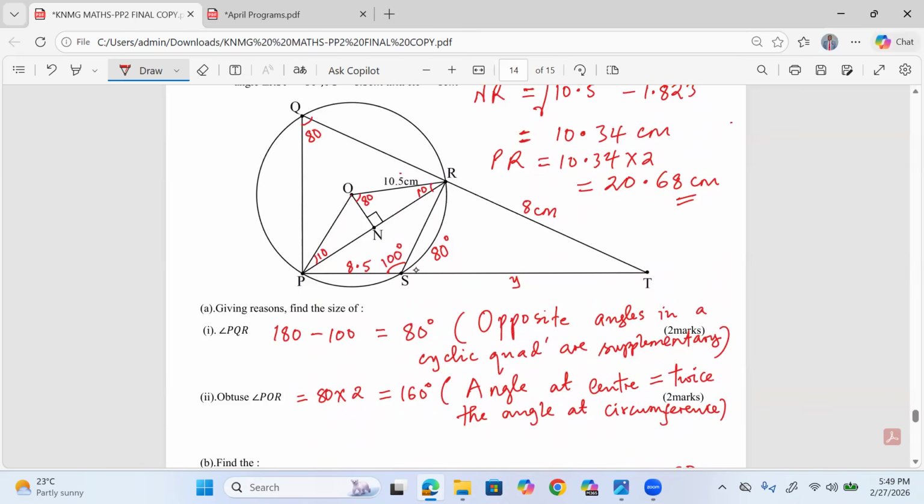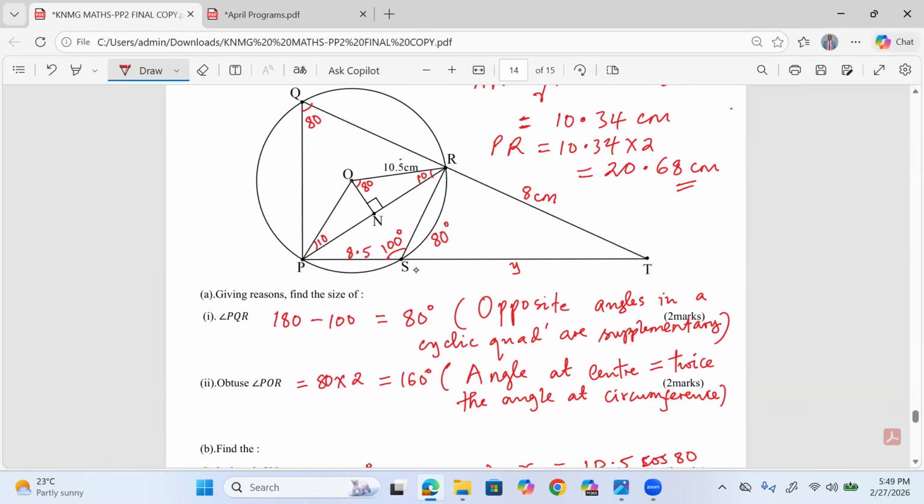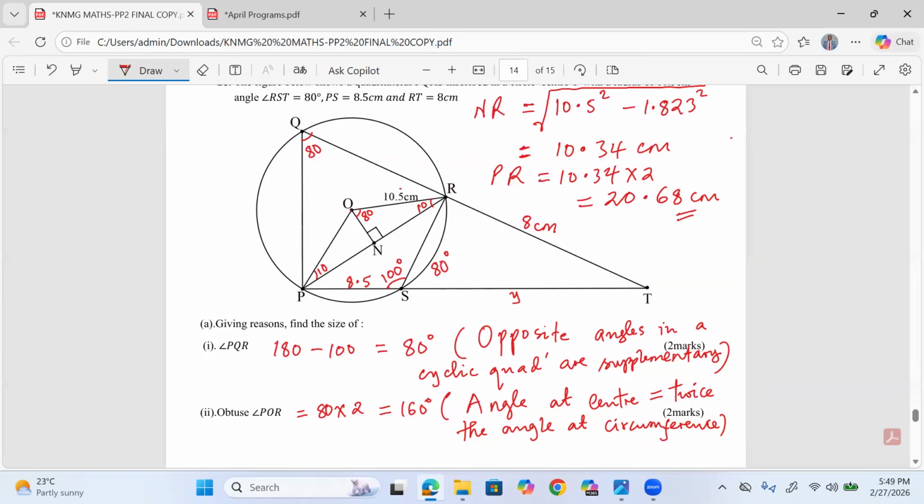So now here we need to apply something. We take 20.68 and divide by the sine of 80, the sine of the opposite angle. We are considering triangle PQR, and with triangle PQR we are going to apply the sine rule.